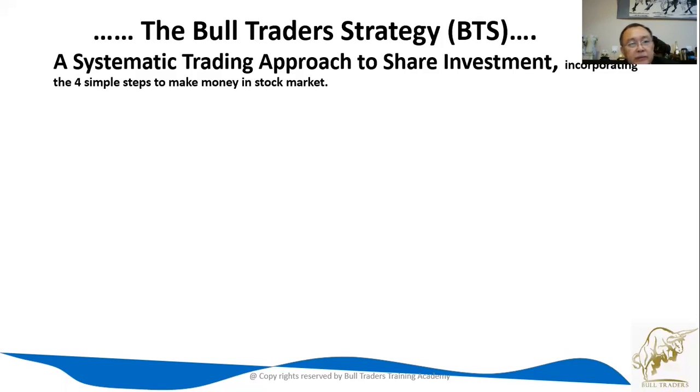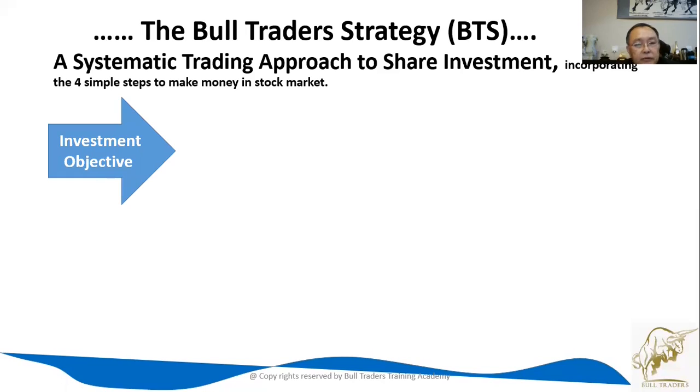So BTS incorporates 4 simple steps to make money in the stock market. What are these? First, investment objectives. As I mentioned just now, that's one of the reasons why people lose money. They flip. Sometimes short term, sometimes long term.